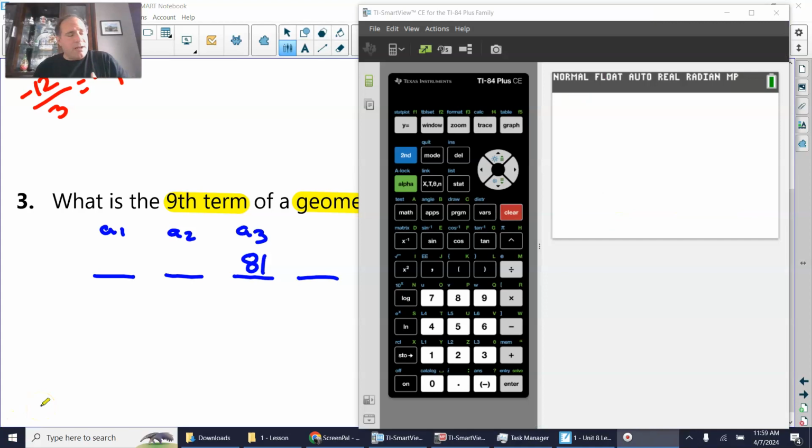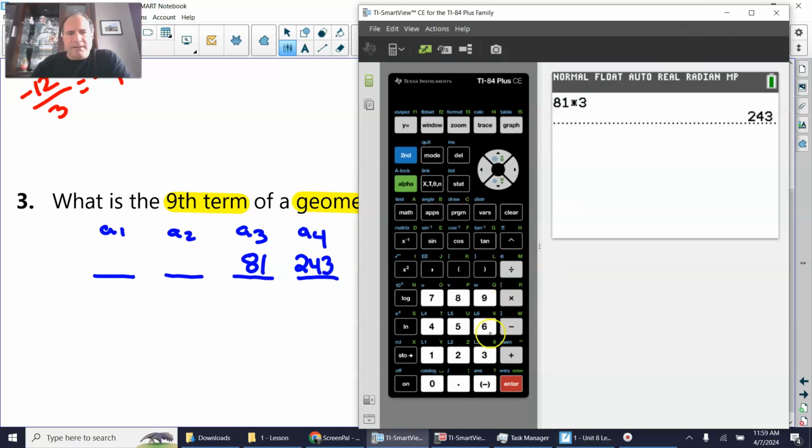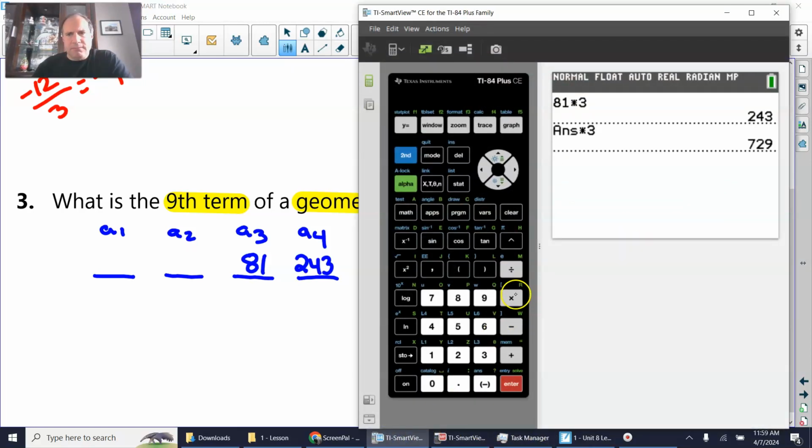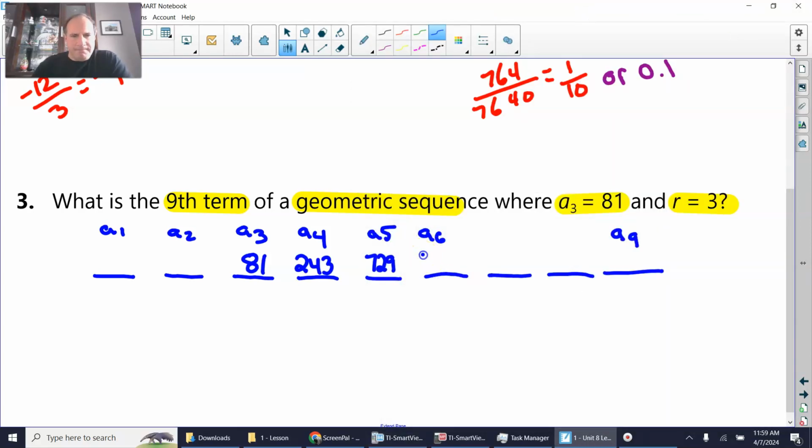Honestly, what I would do for this one is just go ahead and multiply by 3. 81 times 3 is 243. So that's a sub 4. A sub 5 would be 243 times 3, which is 729. A sub 6 is times 3 again, 2,187.